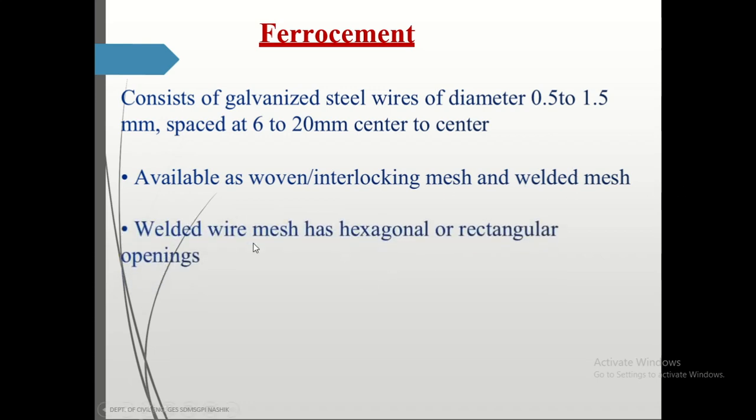In welded wire mesh, there are two types: hexagonal and rectangular opening, meaning the shape of the opening. If there is a hexagonal opening, that is welded wire hexagonal, and another is rectangular opening. Expanded metal lath is also used for ferrocement.